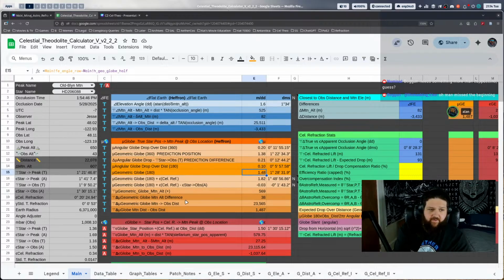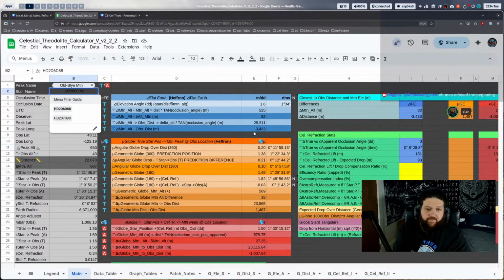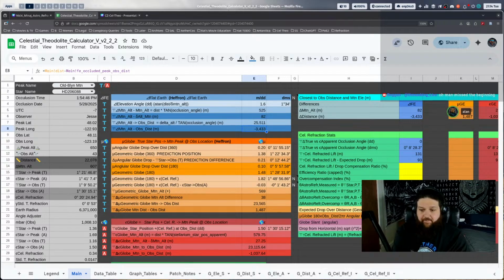And in the cases of Blinn Mountain here, what we run into is instances where they're indistinguishable for some stars, because this was a hill, and every star occlusion has a custom elevation change to account for where it intersected with the hill at the lowest point. These all change. So sometimes we're indistinguishable, and sometimes the globe is a little closer, but that's entirely facilitated by the actual refraction difference that came into play that's offsetting it.